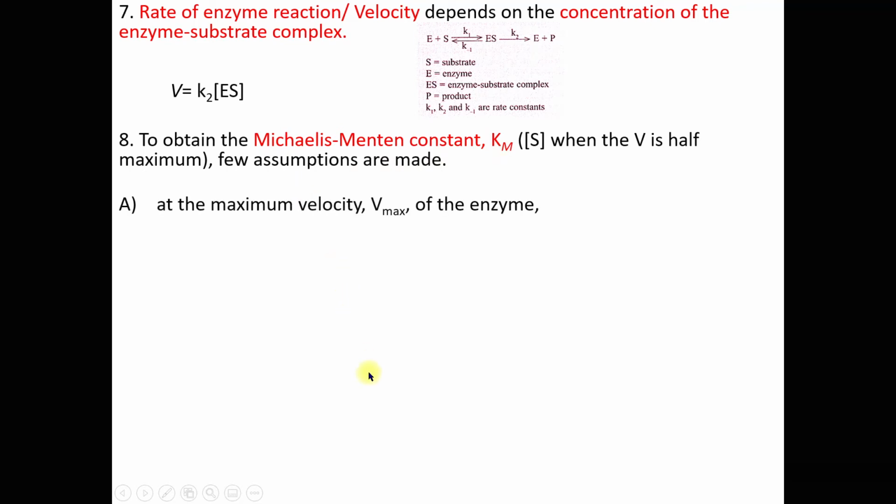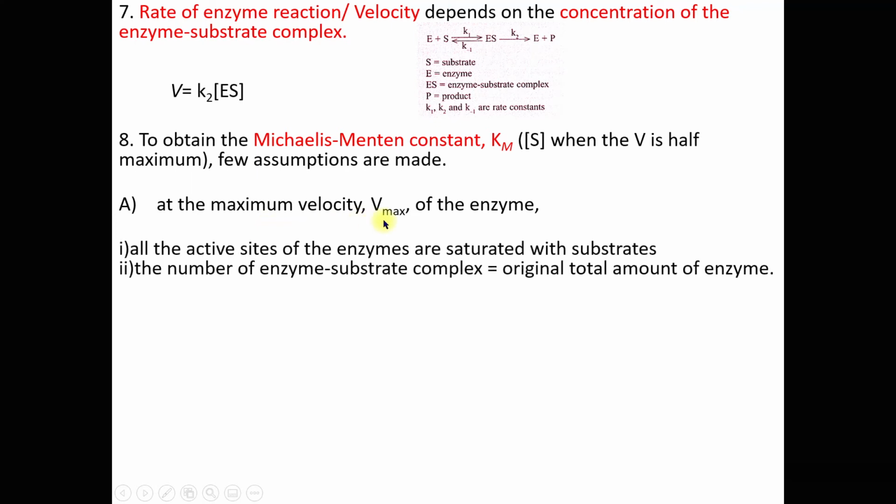First, at the maximum velocity or Vmax of the enzyme, all the active sites of the enzymes are saturated with substrate, and the number of enzyme substrate complex must be equivalent to the original total amount of the enzyme.